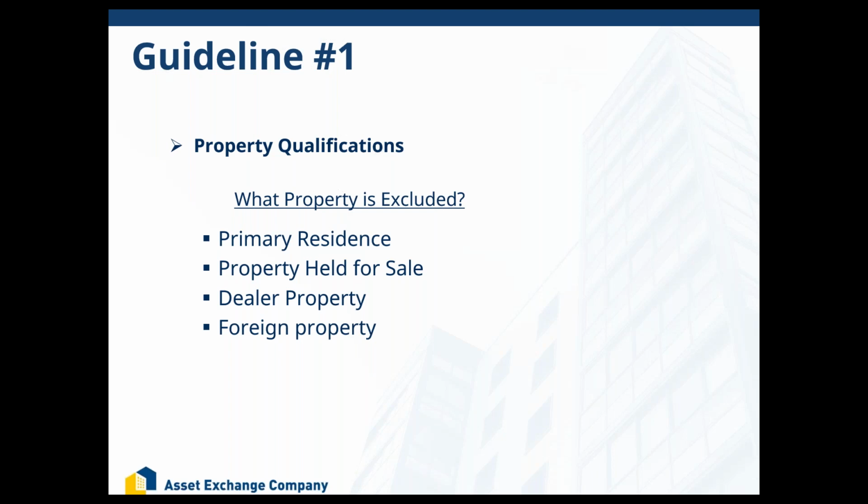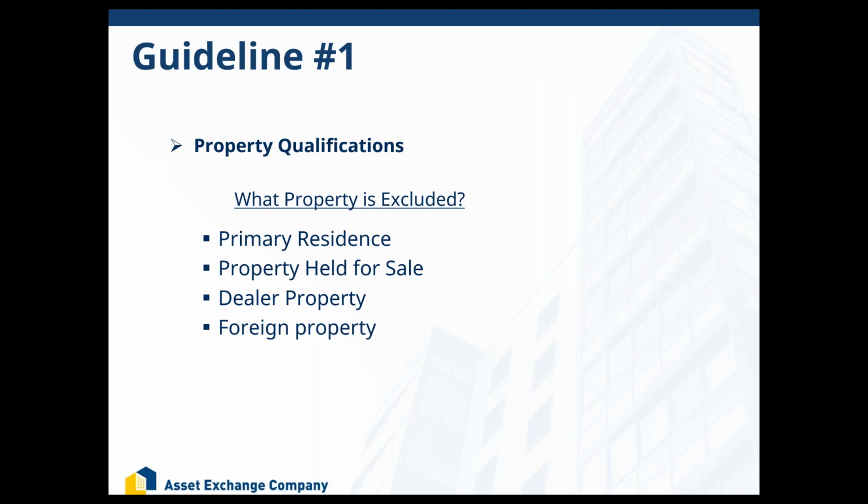Again, they have to be able to show their intent. If that flipper gets audited and the IRS comes in and says, okay, prove to us you held that property for investment and not for sale, they're going to have to be able to back it up, right? The example I gave you guys, hey, there's a good shot they would be able to back it up at that point. They could say, look, here's an email I sent to my realtor on such and such a day requesting that they put it in an MLS system for fair market value rent.